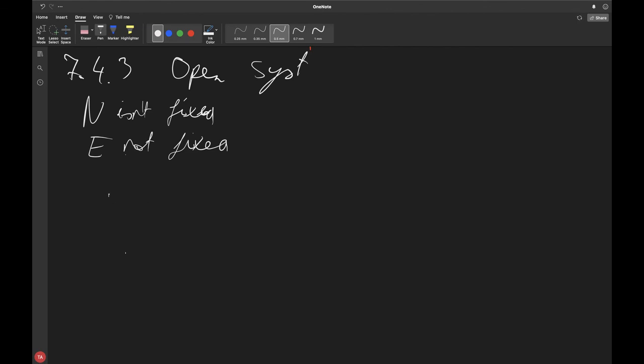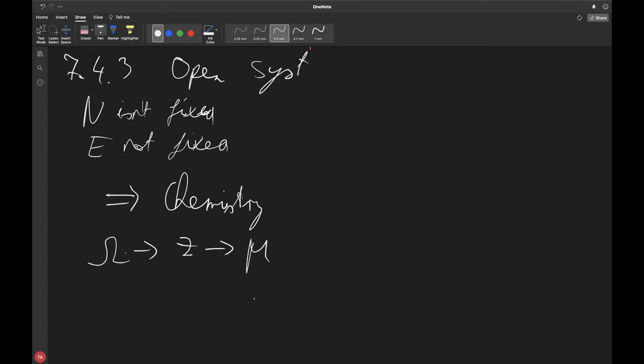So this essentially leads to chemistry. In chemistry, the number of particles change. And the function, we had the omega, which then became Z, is now becoming the mu, where the mu is the so-called chemical potential.